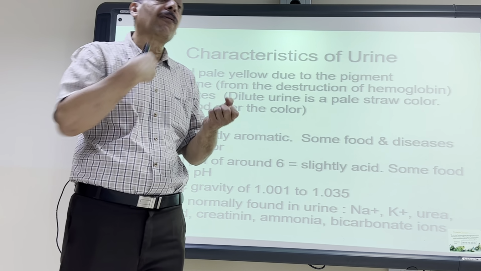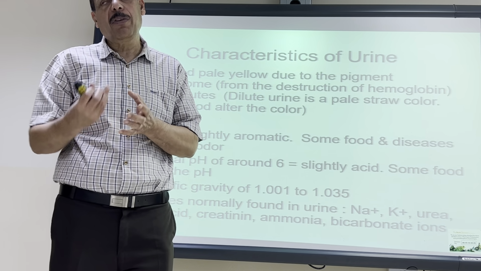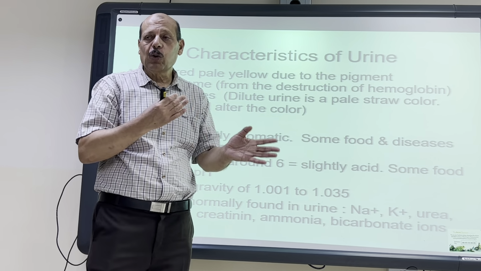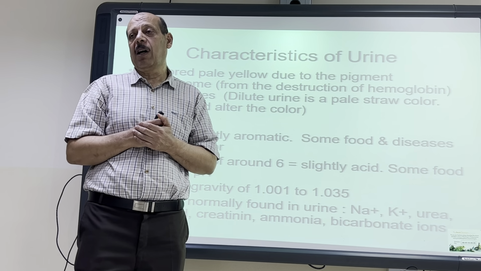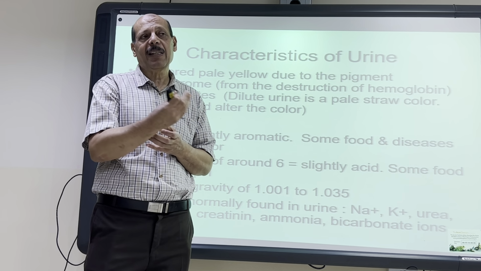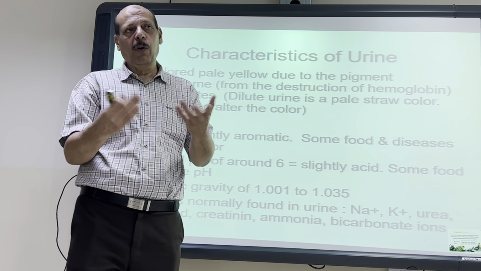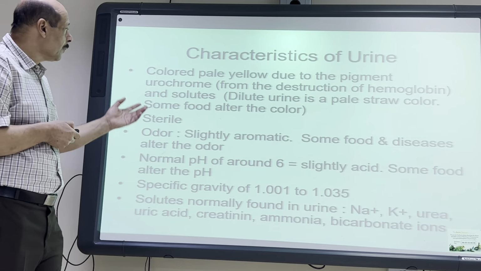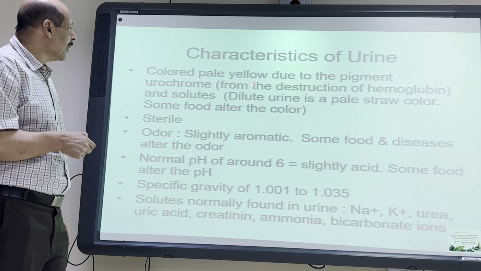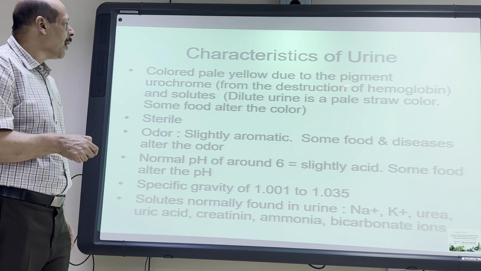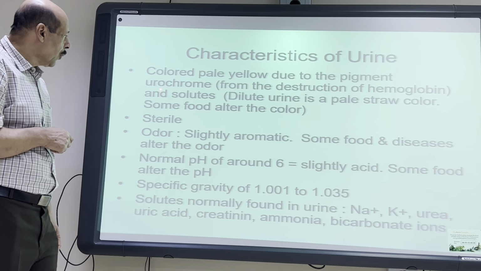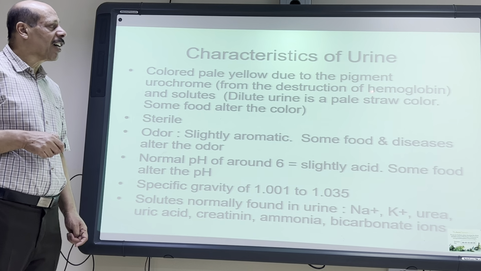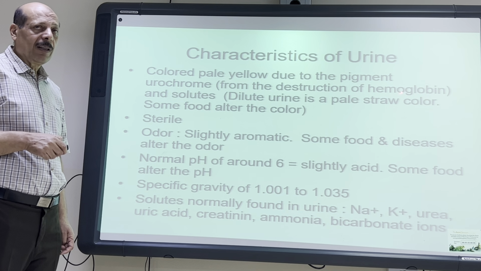So the color reflects the components of the urine in relation to water, and the concentration of those substances in relation to the amount of water which is there in the urine. The yellowish color is due to the pigment urochrome, which is from the destruction of the hemoglobin.